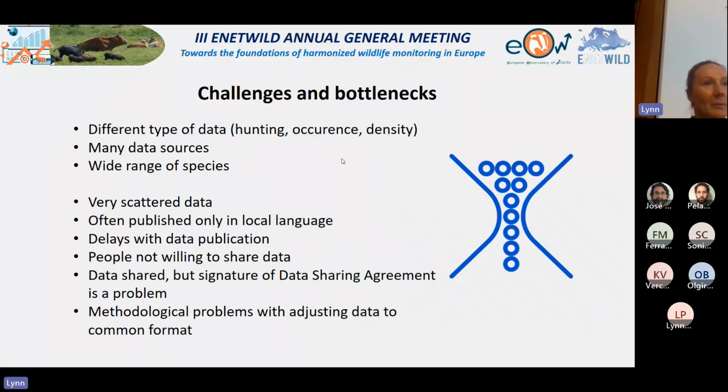There is also a bottleneck when data is shared. When we ask the administration, they give us the data, but then we ask them to sign a data sharing agreement, so that we are sure that we can pass this data on and make it public or not public, or what the terms of use of that data are. And then the problem starts, like Oliver was facing. We ask, can you sign the data sharing agreement?